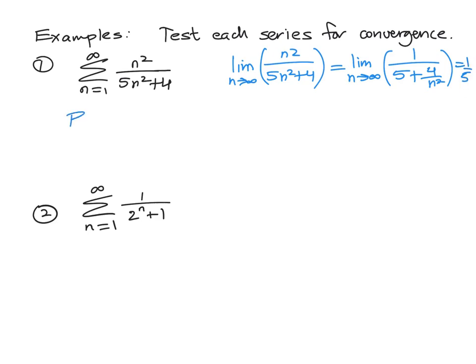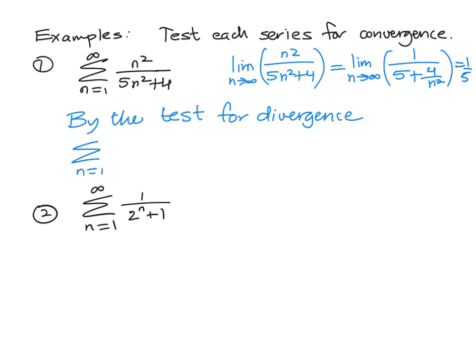So by the test for divergence, and it's very important that you tell me which test you used, even though the sequence of values had a limit, that limit was not 0, so the series sigma n equals 1 to infinity of n squared over 5n squared plus 4 diverges.